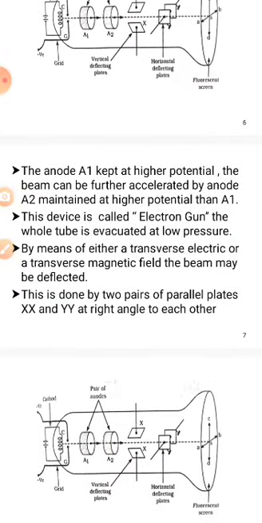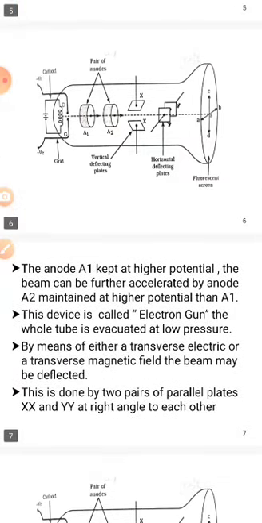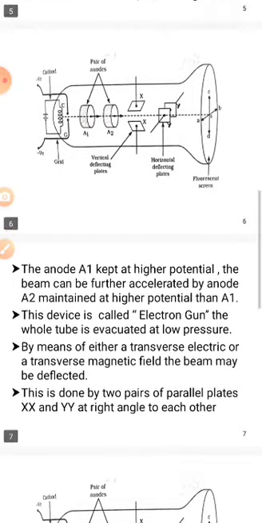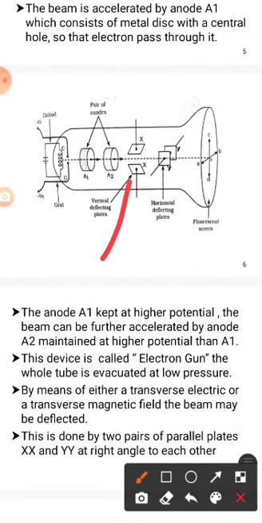This is done by two pairs of parallel plates. These are the vertical plates and these are the horizontal plates.